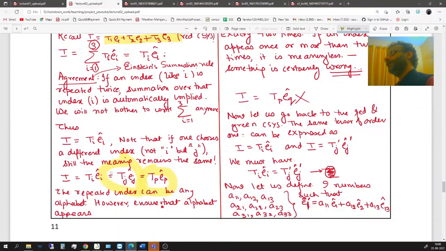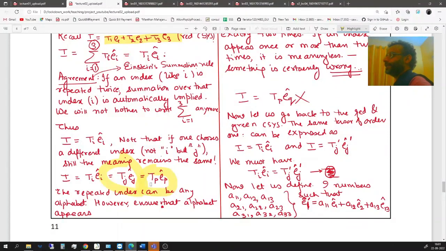Now the same meaning is conveyed by this expression if somebody writes it as T_j E_j. j is being repeated 2 times. You just allow j to take values from 1 to 3 and then add all the terms. So T_i E_i is indeed equal to T_j E_j, which is equal to T_p E_p. So you can use any alphabet to denote that repeated index.